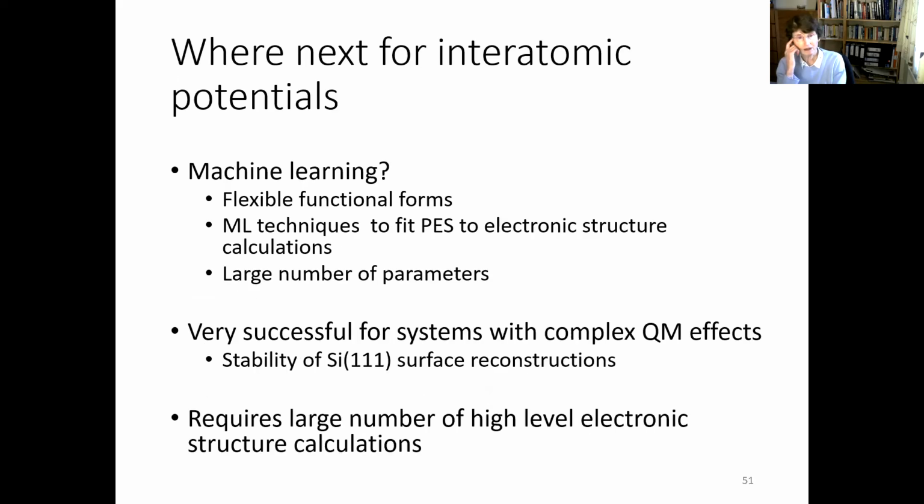So that's basically the end of this lecture. So where are interatomic potentials going next? What I like about interatomic potentials is the physics base. The functional forms that have been developed so far relate to the physics or the quantum mechanics of the bonding.